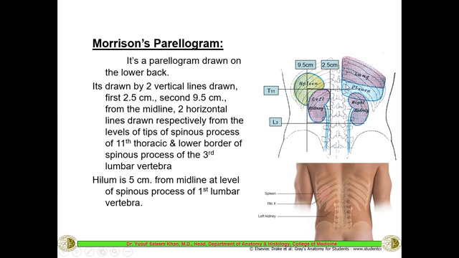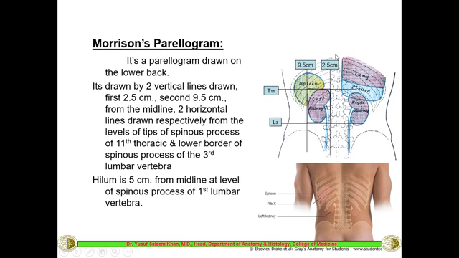The first one is at the level of T11, at the tip of the spinous process of the vertebrae. From the tip of the spinous process of the 11th thoracic vertebra, a horizontal line is drawn, and the second is drawn at the level of L3. How do you count the vertebrae?